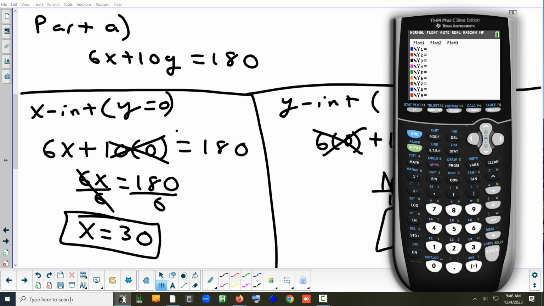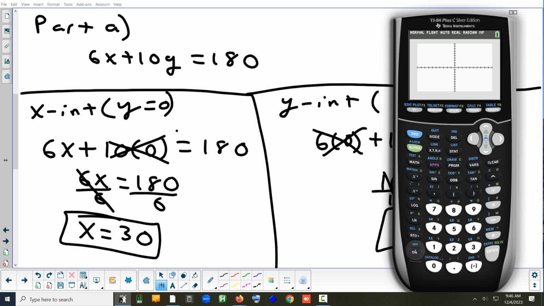So let's do y equals negative 6 tenths x. Again, don't worry at all about what I'm typing in. Negative 6 divided by 10, plus 18.